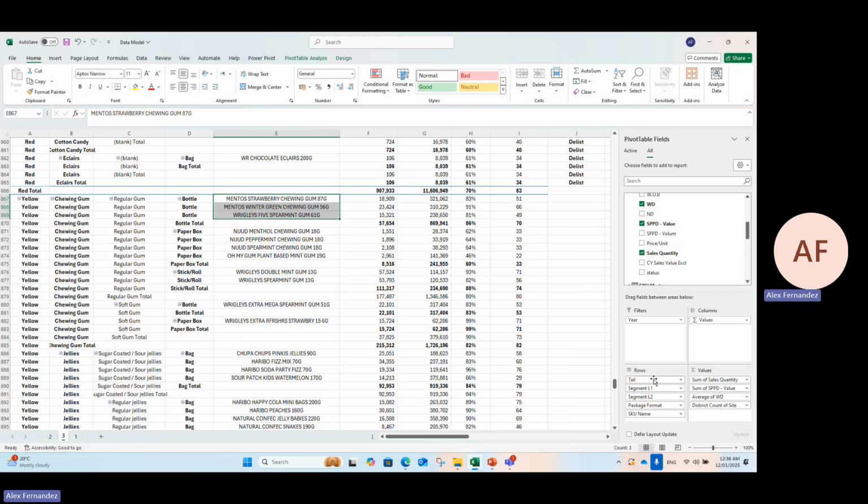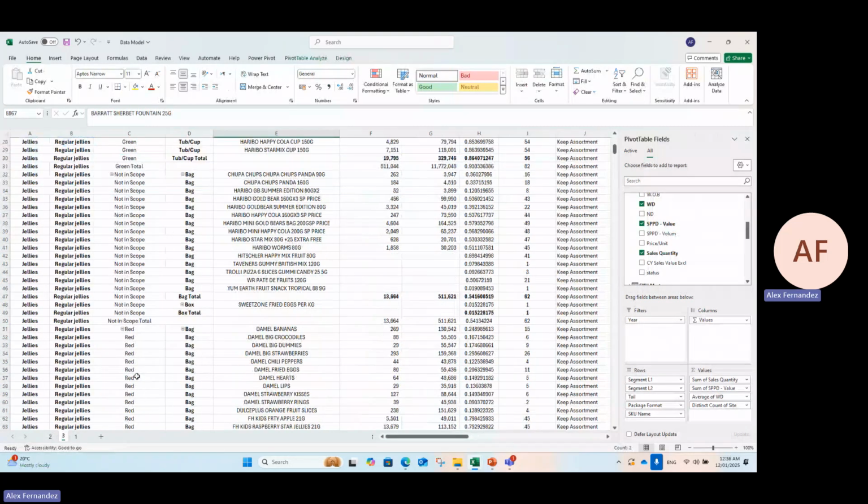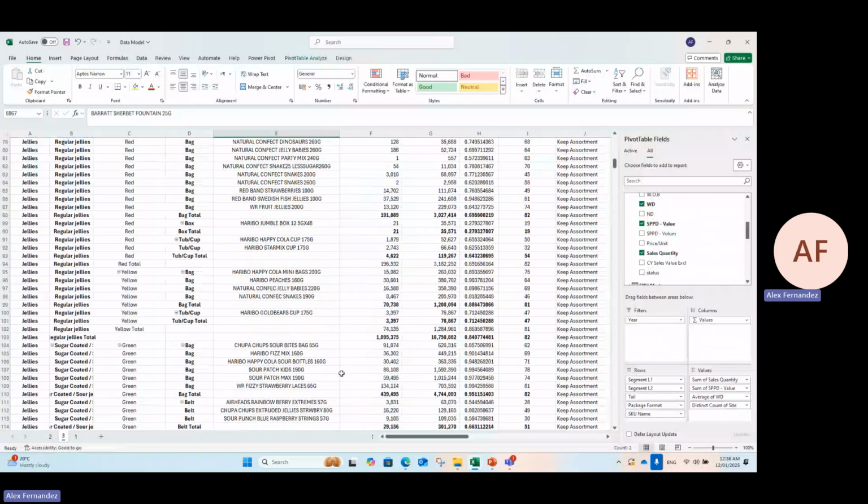Here, one thing we forgot is tail should be number 4. Number 4. Because now I can see all of it: green, not in scope, red, and yellow. This is the best way.